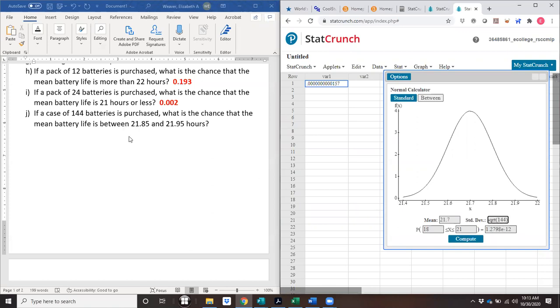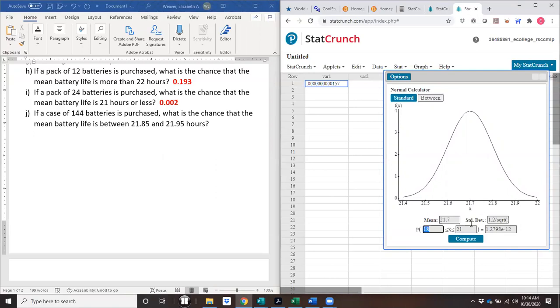So I had to change the problem up a little bit. And I said between 21.85 and 21.95, just so we could have something to check. Because otherwise, of course, when we divide 1.2 by 12, we're going to get 0.1. So notice that this is a very nice standard deviation or standard error of 0.1, 0.1, 0.1, minus 0.1, minus 0.1, minus 0.1.